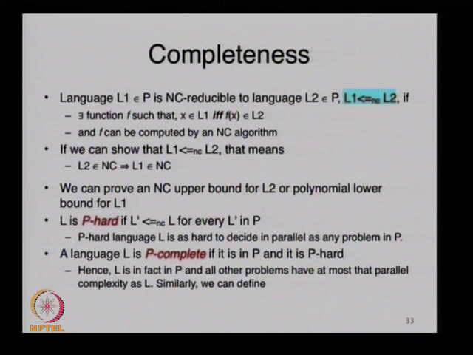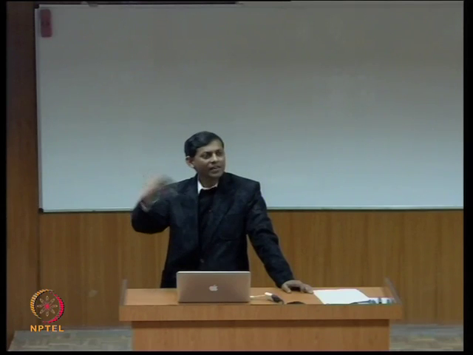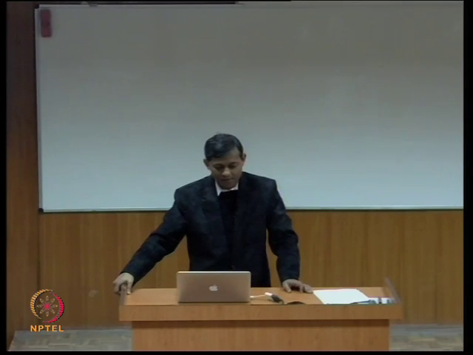That means if L2 is known to be fast, parallelizable, then we have just shown that L1 is also parallelizable. And vice versa also, right? Meaning that if L1 is not in NC, if L1 is known to be inherently sequential, then L2 will also be inherently sequential. It's the same thing. A implies B means if A, then B has to happen, but if not B, then not A also has to happen.